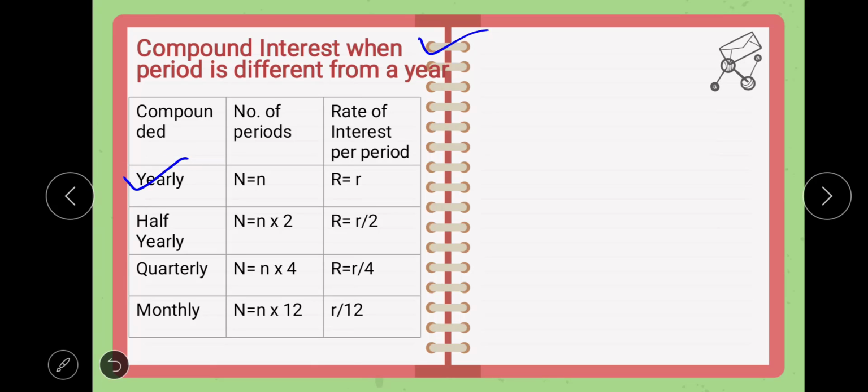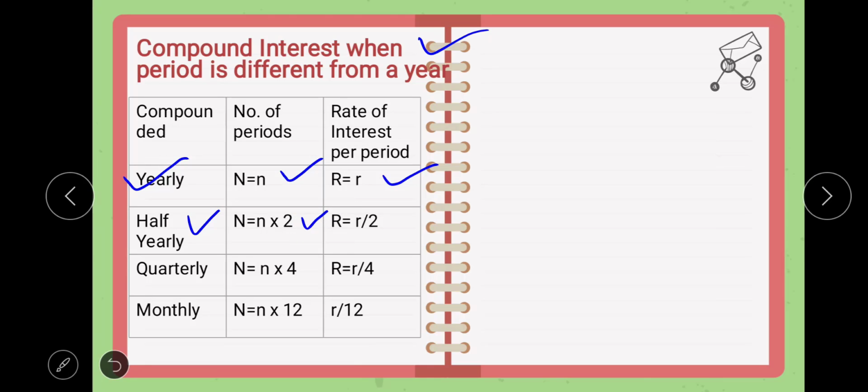We have to use the same formula to calculate the amount and compound interest. So here we just have to take the values. When we use the formula to calculate the compound interest, we take n, it means the number of years, and R is the rate of interest per year. When the compound interest is compounded half yearly, you have to take the value of n as the number of years multiplied by 2.